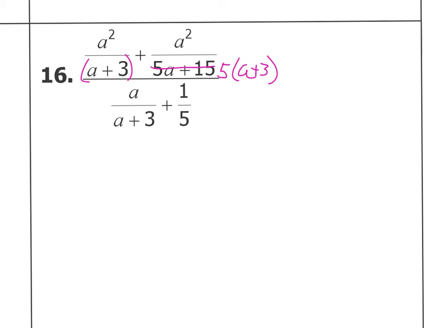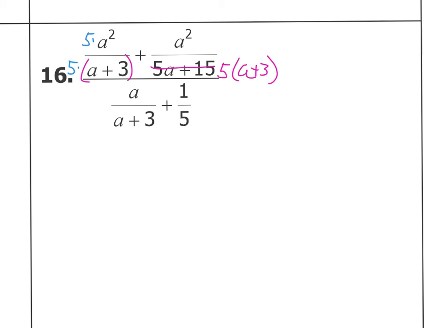Notice that they both have one a plus 3, so I don't have to multiply them by that. But this one has a 5 that one is missing. So since the first fraction is missing a 5, I want to multiply it by a 5. But whatever I do to the denominator, I have to do to the numerator.